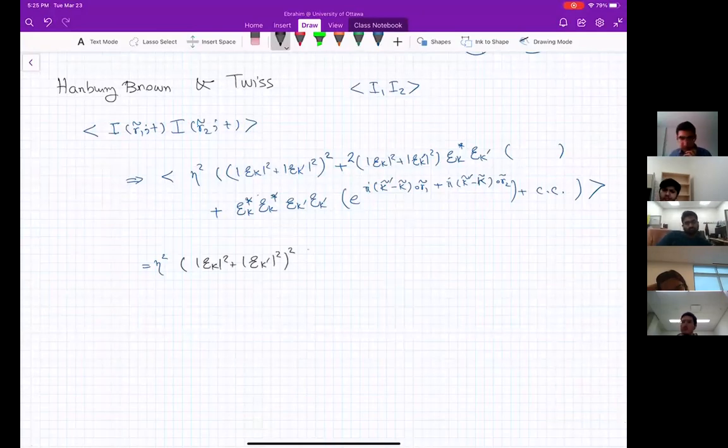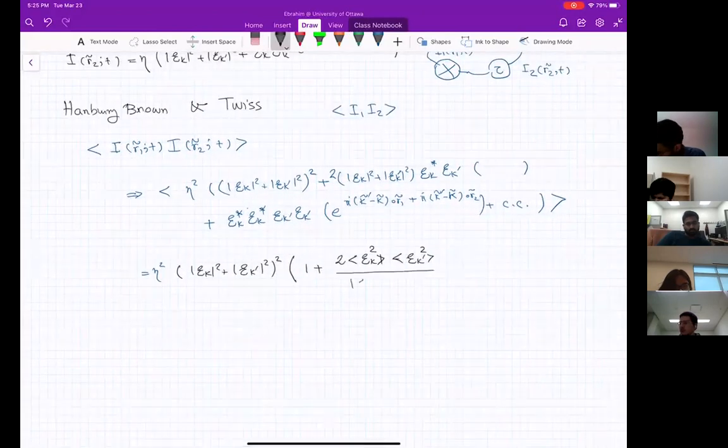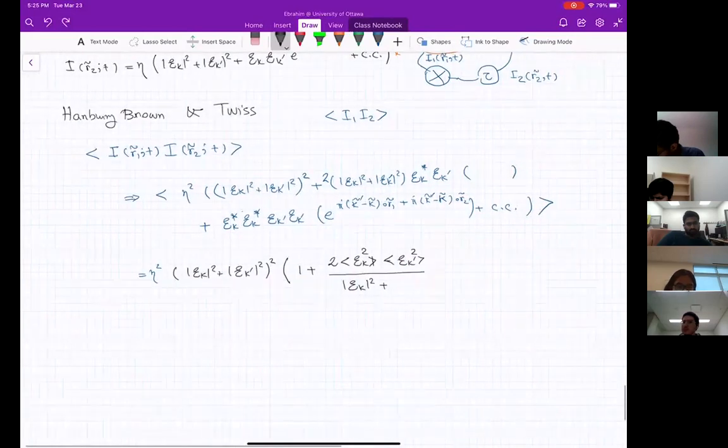Then as an expression, I will get 1 plus 2 e_k to the power of 2, e_k' to the power of 2, divided by e_k to the power of 2 plus e_k' to the power of 2, to the power of 2.